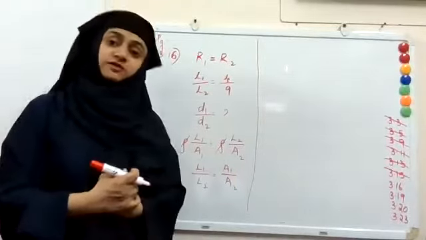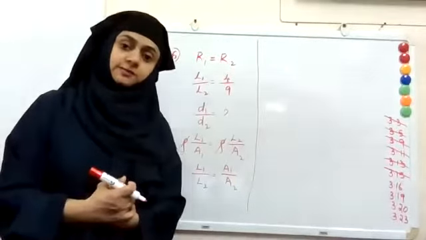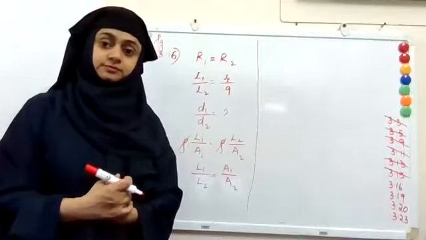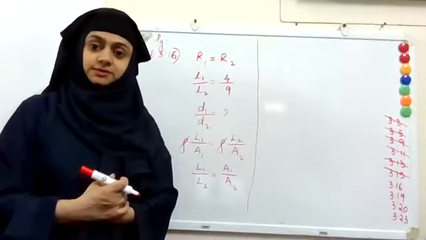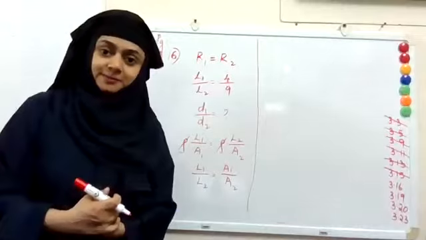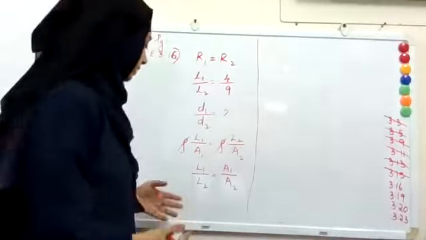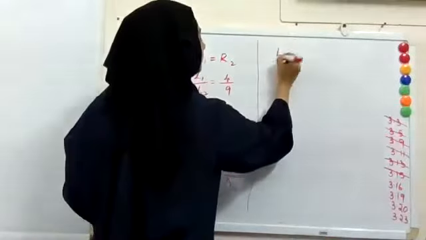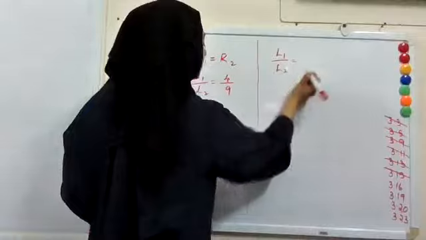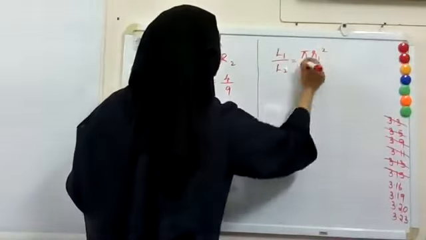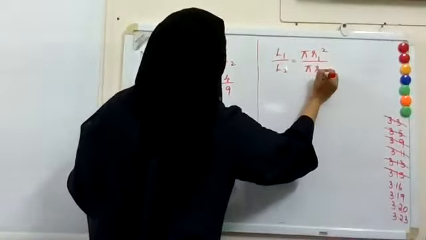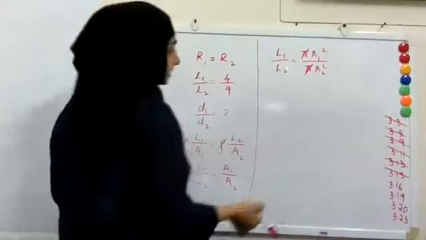You must have learned the formula. Pi r square. So we have L1 by L2 will be equal to pi r1 square by pi r2 square. Pi gets cancelled, right?